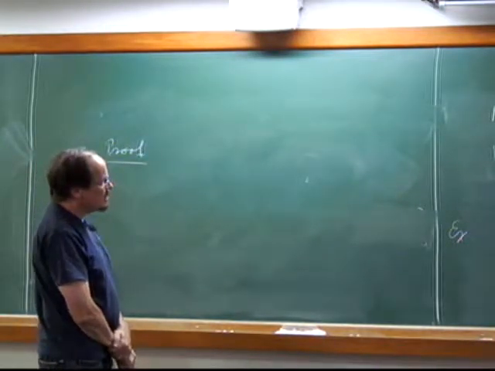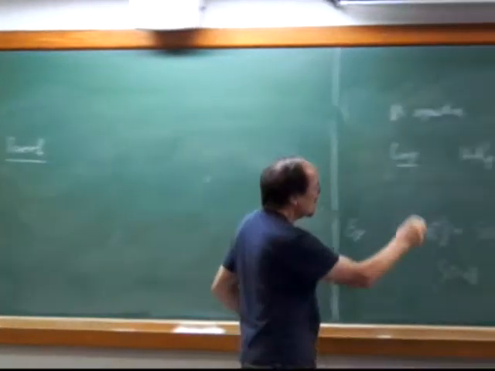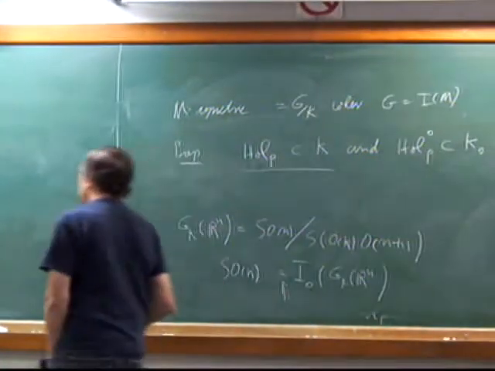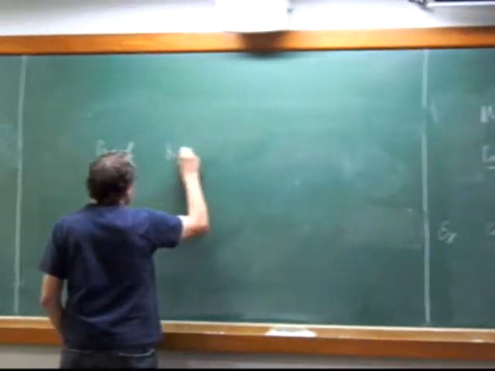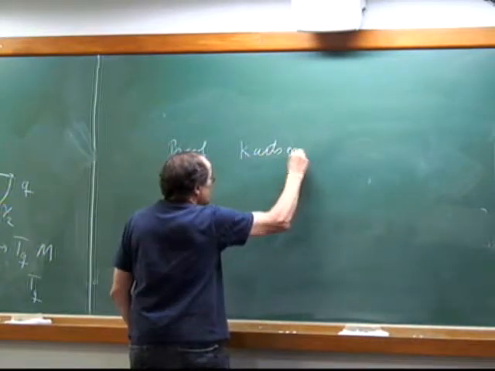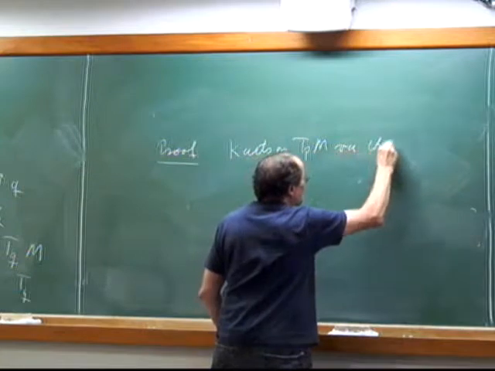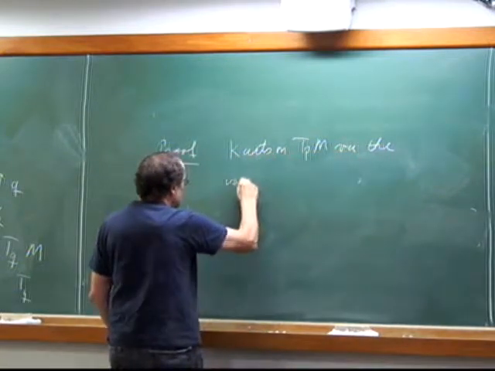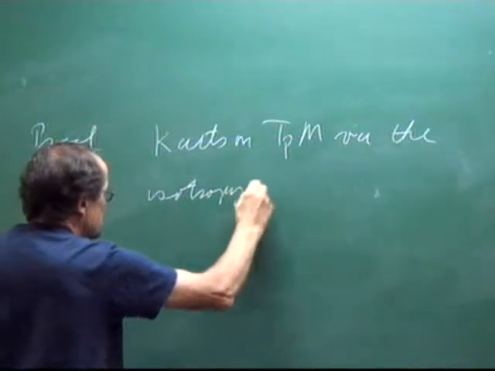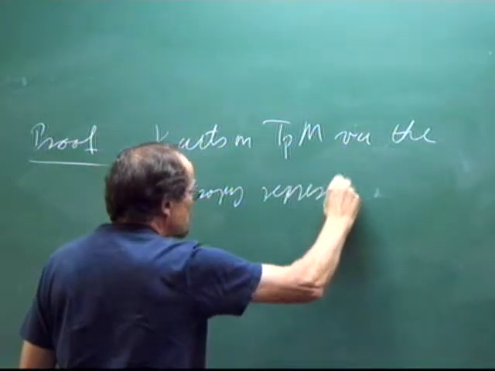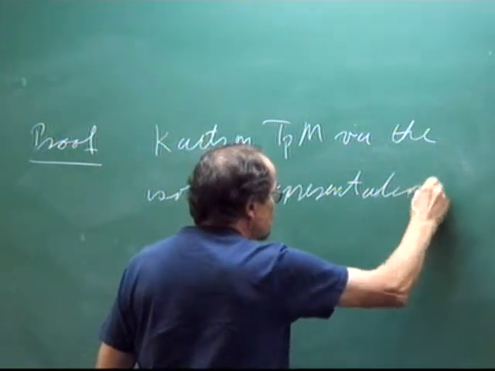First, of course, notice in what sense does this make sense here? K acts on T_PM, which we call the isotropy representation.